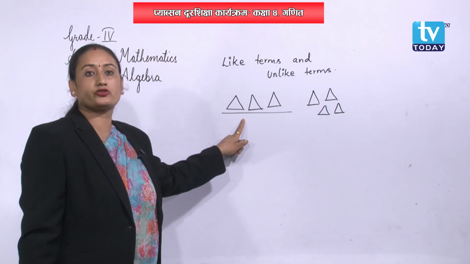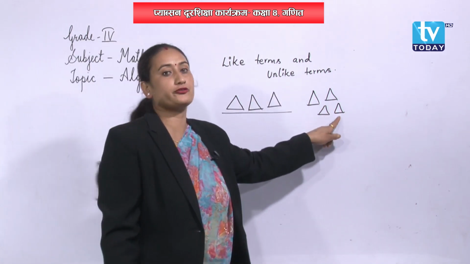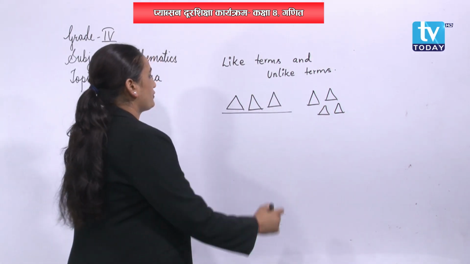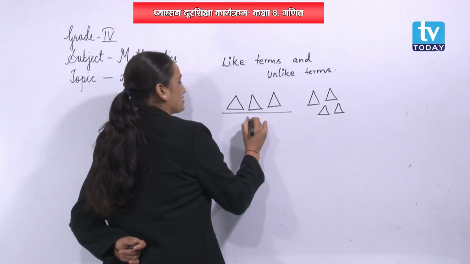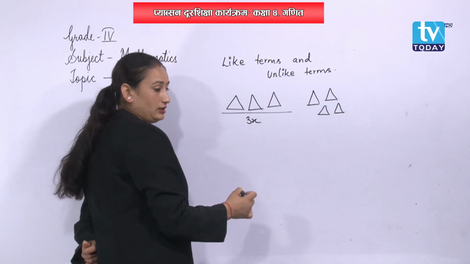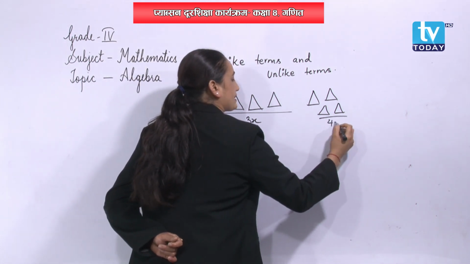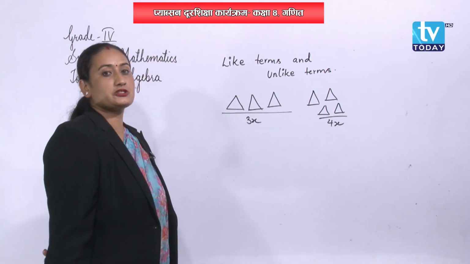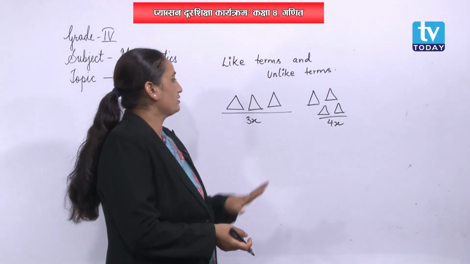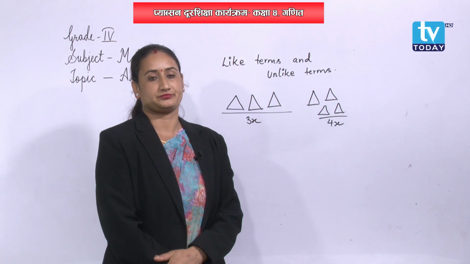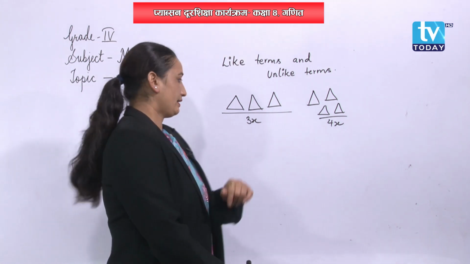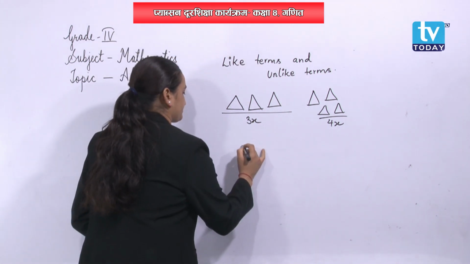Okay, here are 3 triangles, here are 4 triangles, right? So can we write here? Here the triangle's name is written as X. So 3x as a triangle and here is 4x as the next triangle. Now students, tell me, are these like or unlike terms?